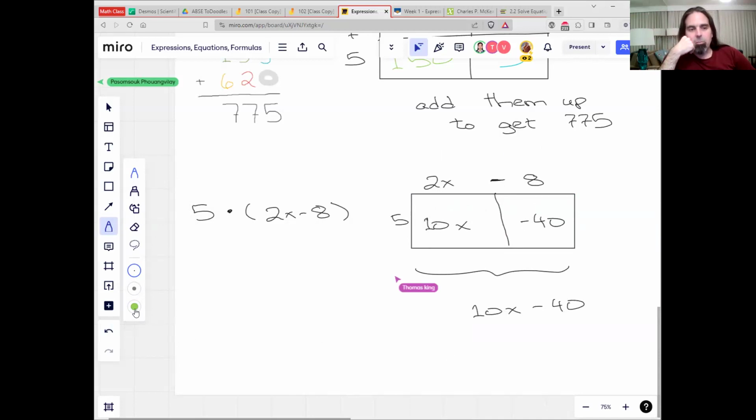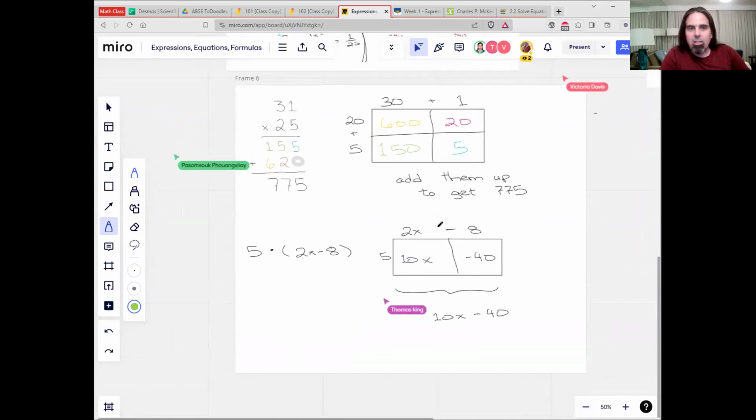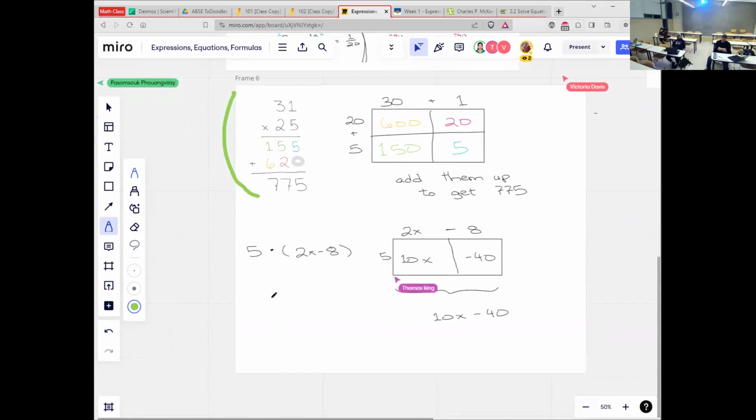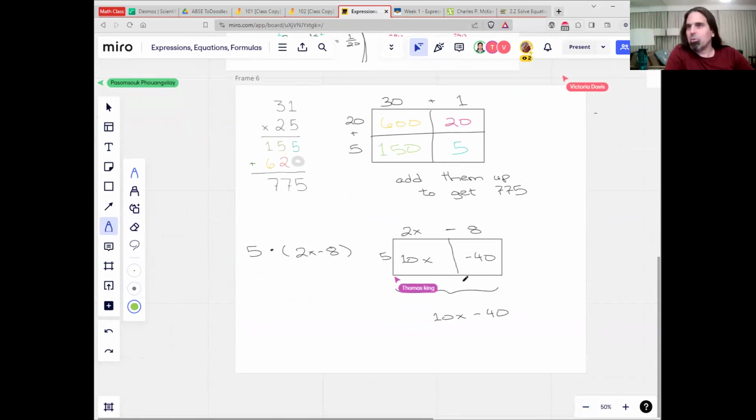So if you have seen before something about multiplying the 5 in both places, but no one's ever explained why it worked, then stare at this. Say, okay, I see why it works for the multiplication I know. And now I'll kind of meditate on it until it makes sense with the algebra also.